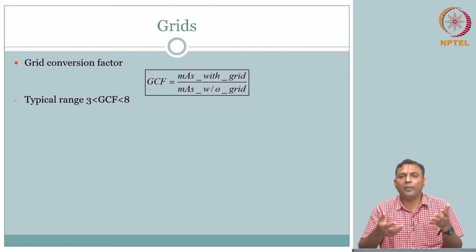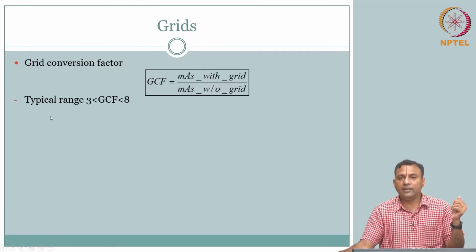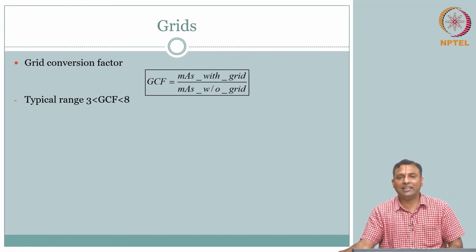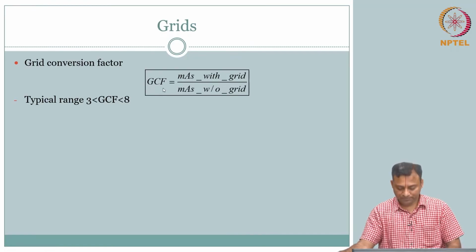So, these kind of domain specific, application specific, experience based empirical rules of thumb have evolved for whether to use the grid or not, because of this grid conversion factor. You don't want to increase the exposure unnecessarily if you are not going to gain much in the signal to noise ratio, or the reduction in the noise due to the introduction of the grid.